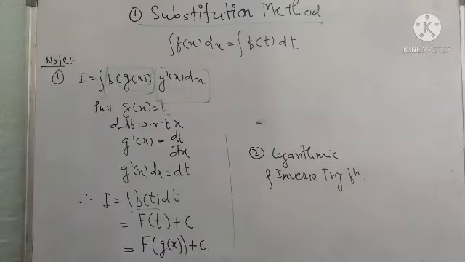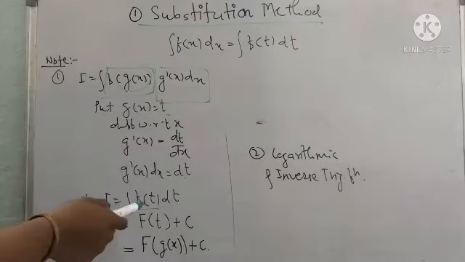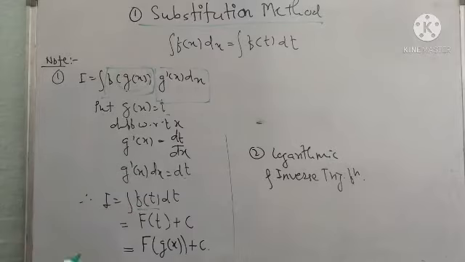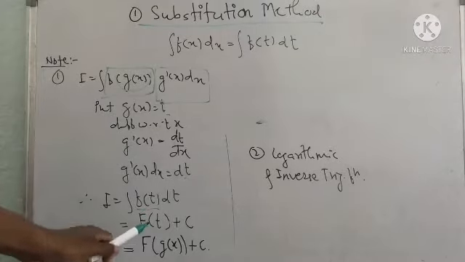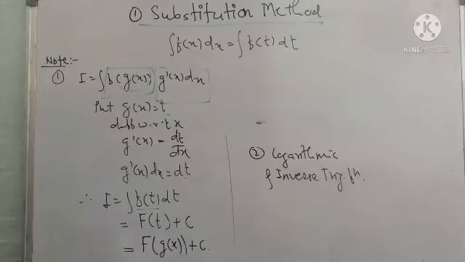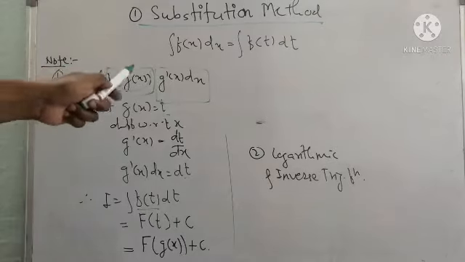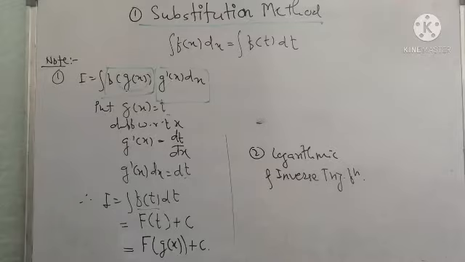Now the value of integration does not change, as the given value is I, so the new integration also has value I. Now the integration of f of t, as we know the integration of a function is represented by a capital letter, so f of t has integration capital F of t. And remember, we have to resubstitute the term, as we are asked for the integration in terms of x, so we have to evaluate the integration in terms of x only. So the final answer will be, by resubstituting t in terms of x, capital F of g of x plus c.